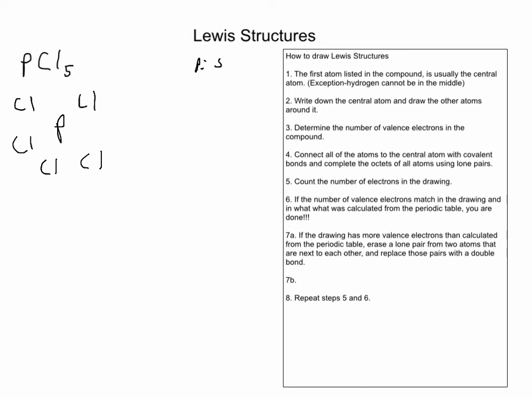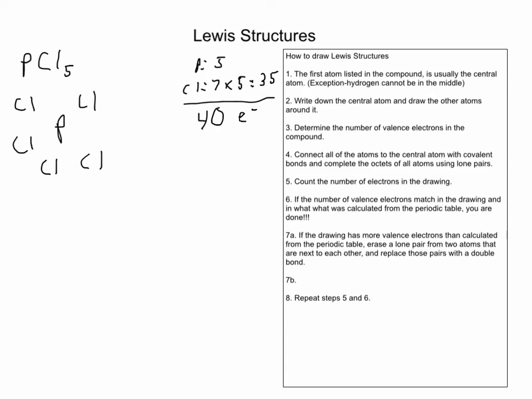Phosphorus has 5 valence electrons, and chlorine has 7, but we have 5 chlorines, so we have 35. So together we have a total of 40 valence electrons. So that's from the periodic table.